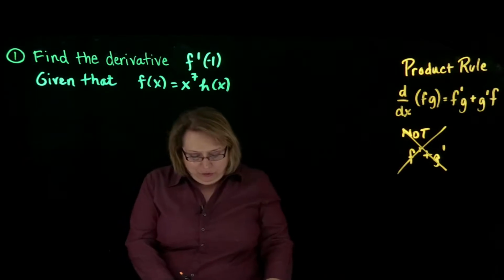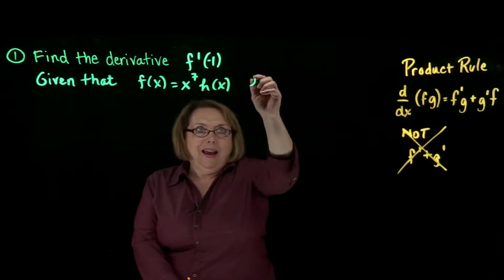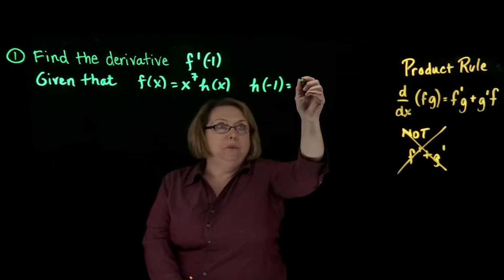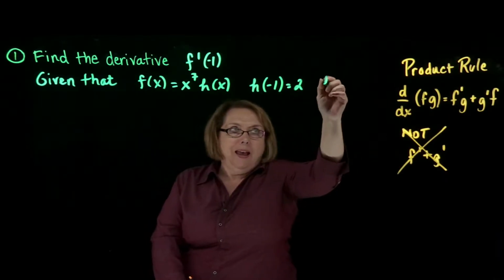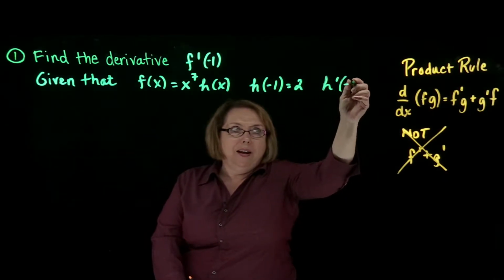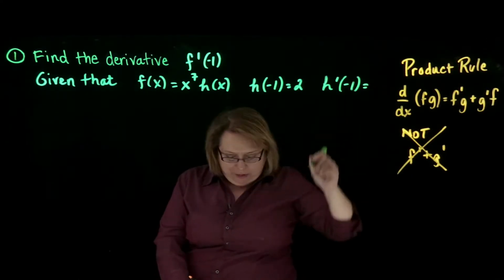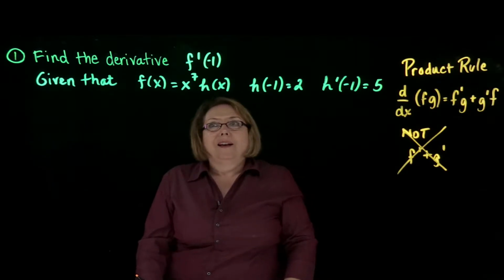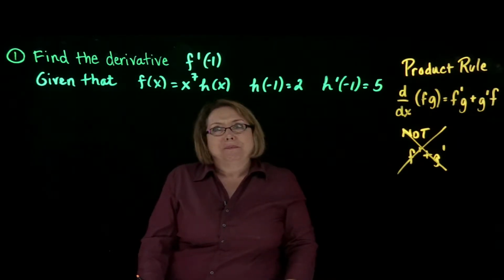We're also told that h of negative 1 is equal to 2, and h prime of negative 1 is equal to 5. Not a lot of information.